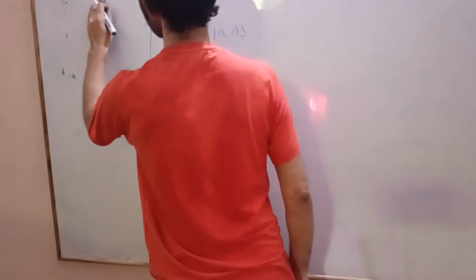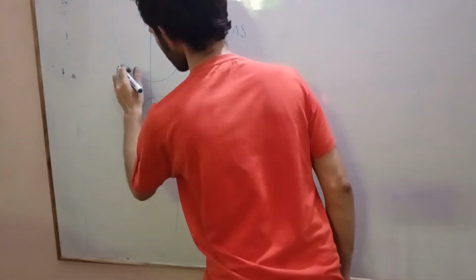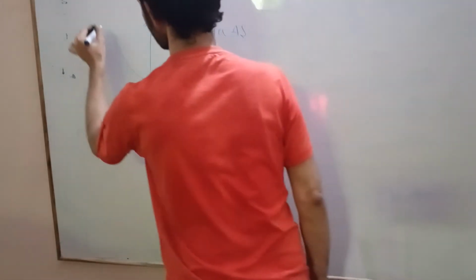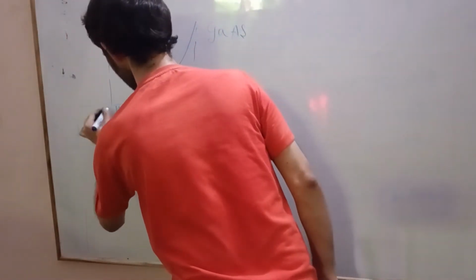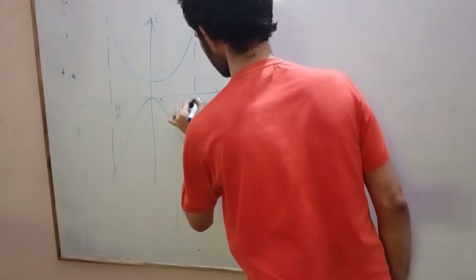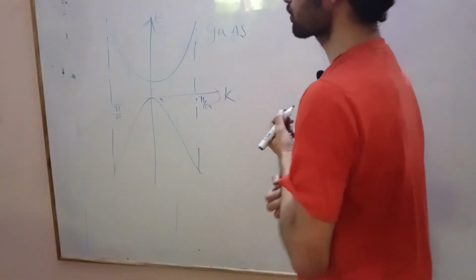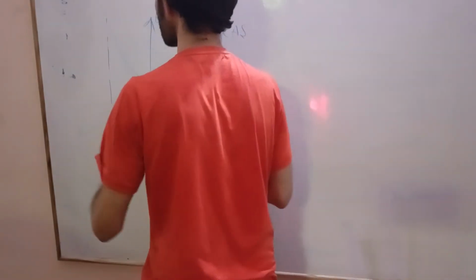Now if you see here, there is a direct nature. Let us say this boundary is pi by a, and this is minus pi by a, and this is plus pi by a, because we have to limit ourselves within one period.